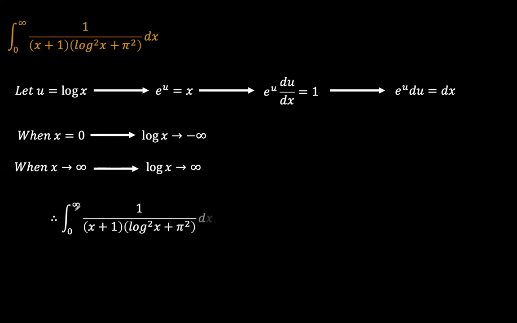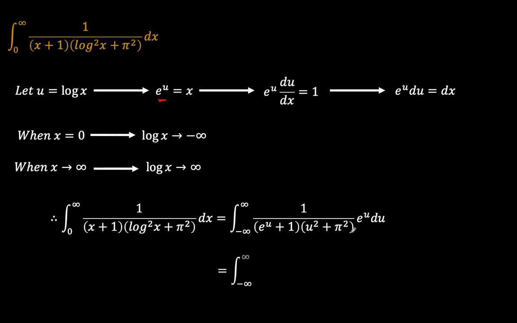Such that the integral from x equals 0 to x tending to infinity of 1 over (x plus 1) times (log x squared plus pi squared) is equal to the integral from u tending to negative infinity to u tending to positive infinity of 1 over, in place of x, e to the power u plus 1, and in place of log x squared, u squared plus pi squared.